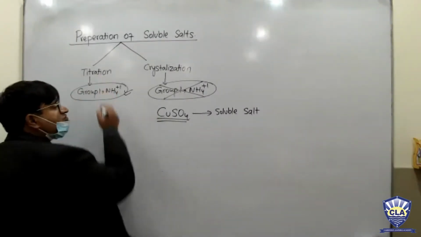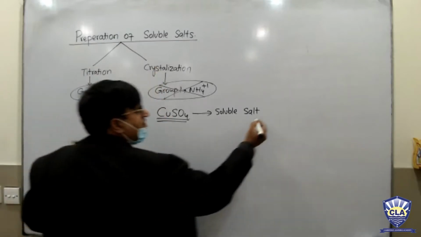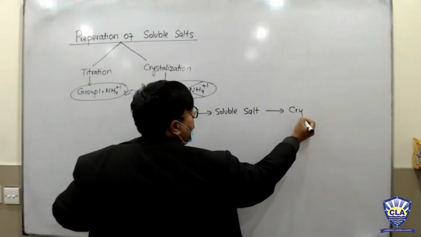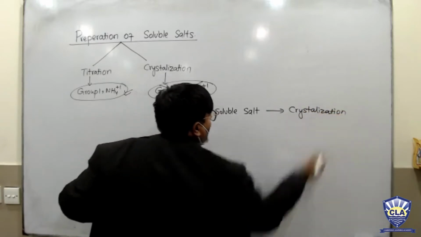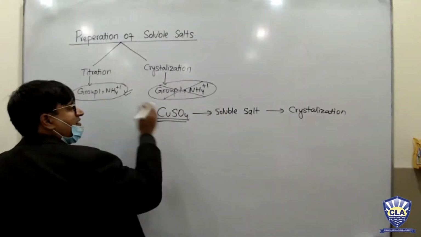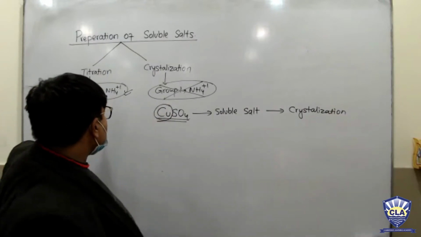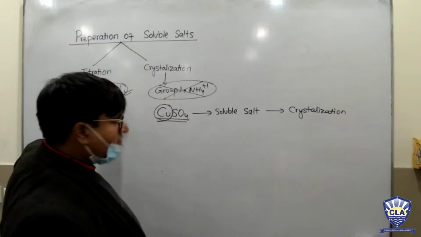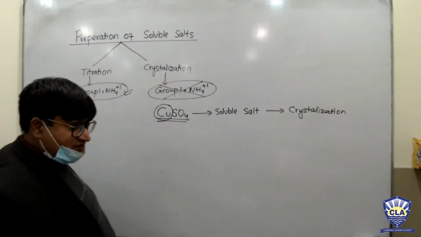So we cannot use the titration method. We could use the crystallization method for it. You got it? So this is a soluble salt, and the metal copper is not from group 1 or ammonium, so we cannot use titration. We can use crystallization for it.